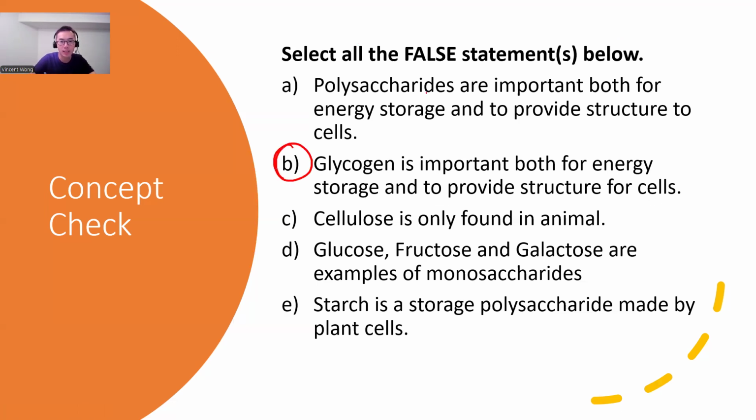That's incorrect. That's a false statement. Glycogen does not provide structure for cells. It only provides energy storage for animals, stored in liver and muscle. Cellulose is only found in animals, not true. It is found in plants.